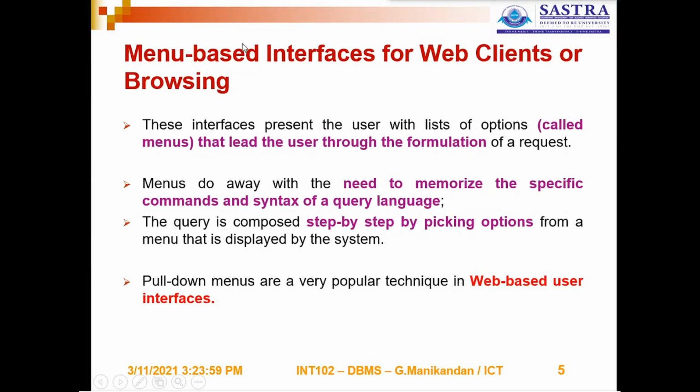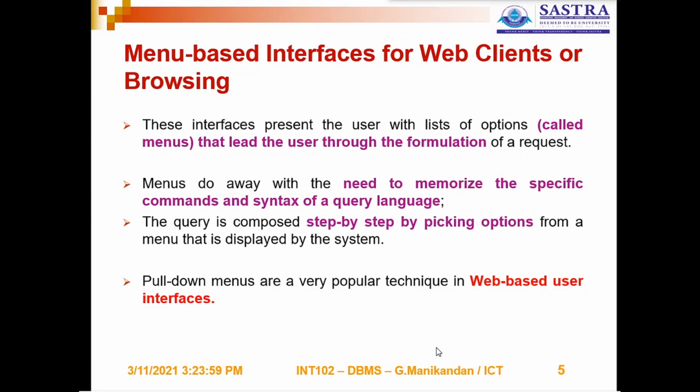The major advantage of this menu-based interface is that there is no need to memorize the commands. How do you construct a query? You construct it in a step-by-step manner. For example, you can have various menus. What is the option? What is the table name? The first option may be table name. If you click the menu called table name, it can list the menu items.